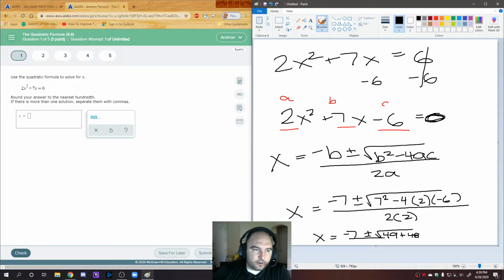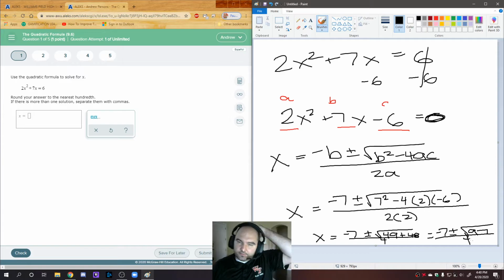And this is all divided by 4. And just one more simplification, negative 7. Let me make that better. I don't know what's up with my writing pad today. It's kind of being touchy here. 49 plus 48 is 97, all over 4. Now you're probably thinking to yourself, that looks different from other answers we've had in the past.